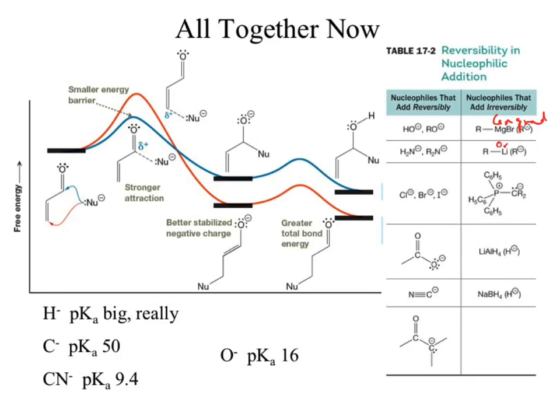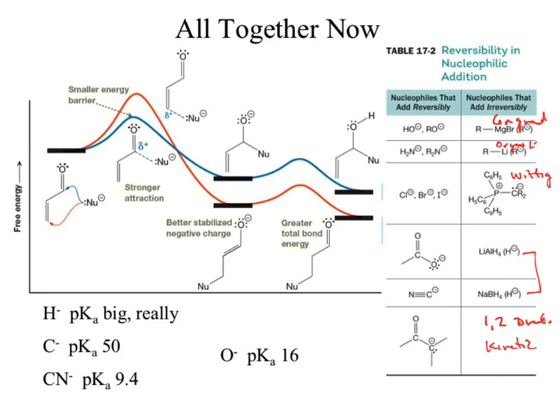We have our organolithiums. Okay, that also says organolithium. We've got the Wittig there. Okay. We have our hydrides as our nucleophiles, and those are it. Those end up adding irreversibly. That gets us our 1,2 direct addition. That is now our kinetic product.